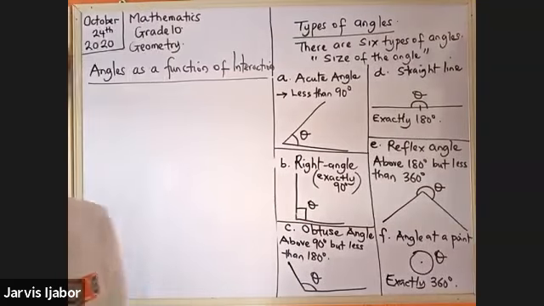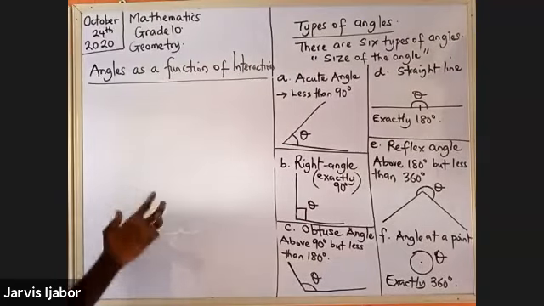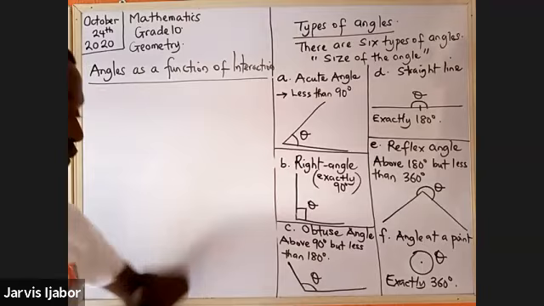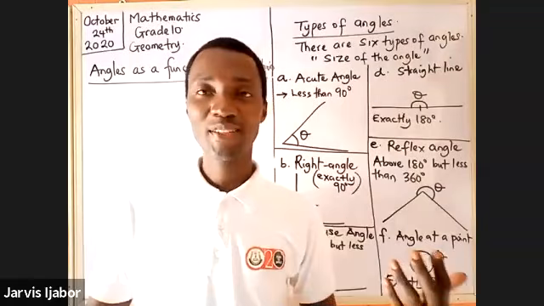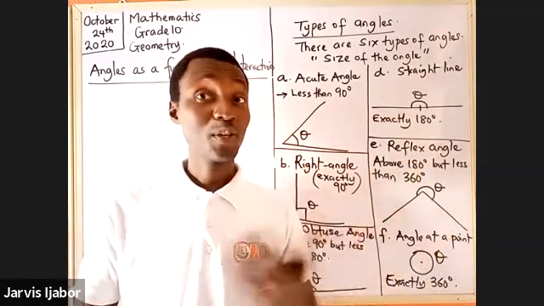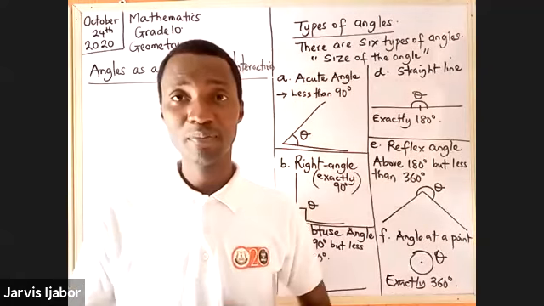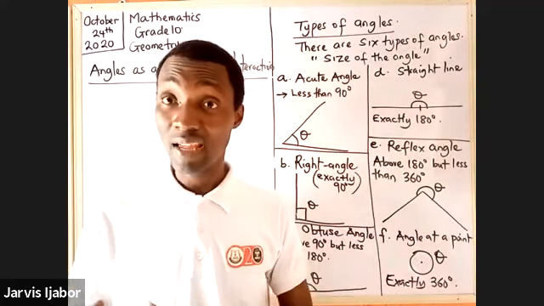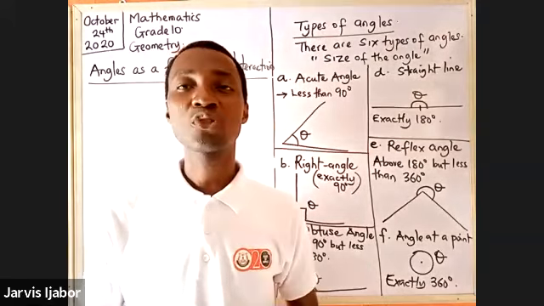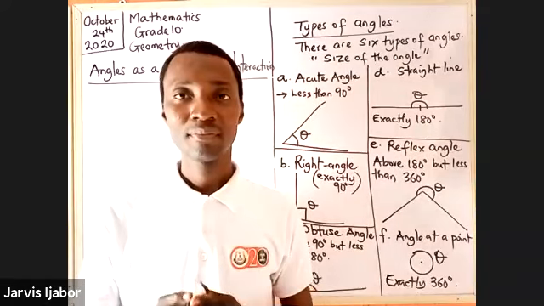So we'll now consider angles as a function of interaction. Just as when we talked about lines, we talked about types of lines, there's even something I left out, maybe in the course of teaching, I'll go back to look at those areas. We also have angles as a function of interaction.